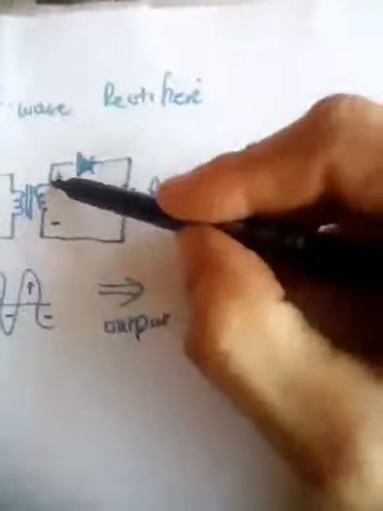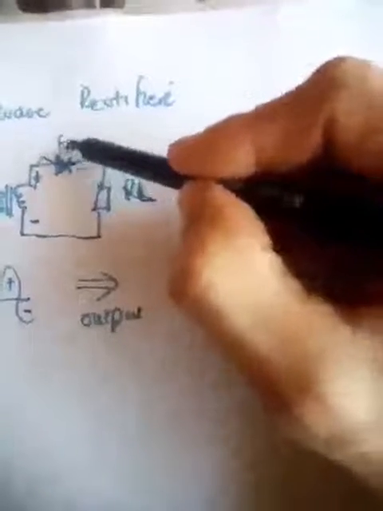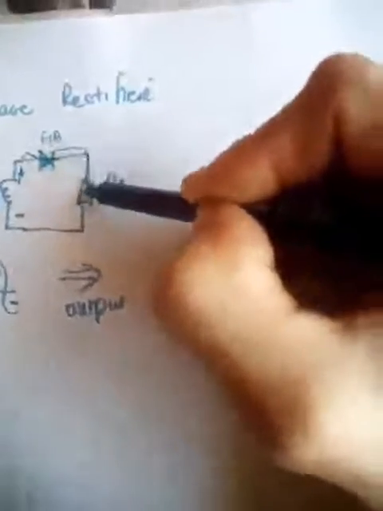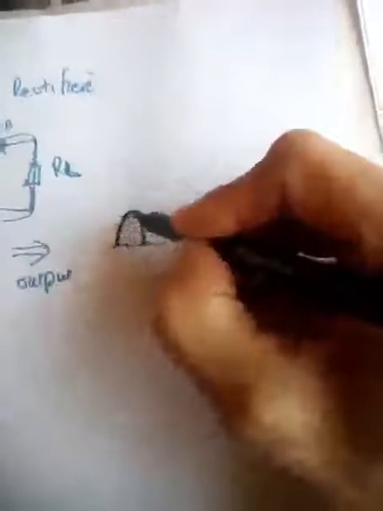So if you look at the positive cycle, current flows from the positive side, through this diode, which is now forward bias, through the load resistor, and you will get your output because current is flowing. Then you go to the negative cycle.